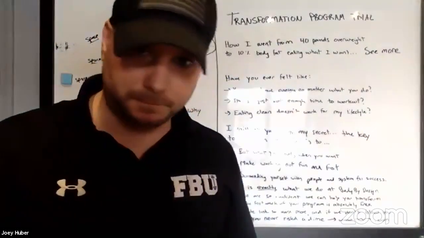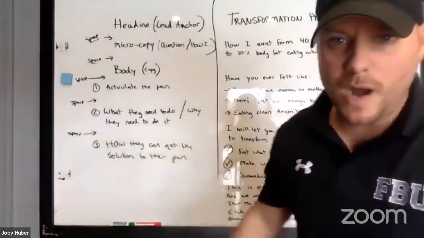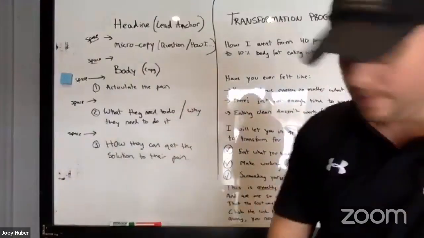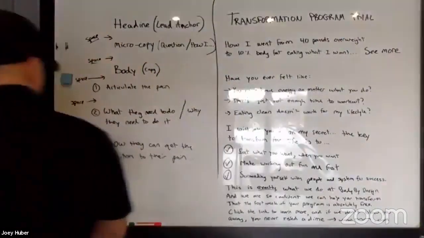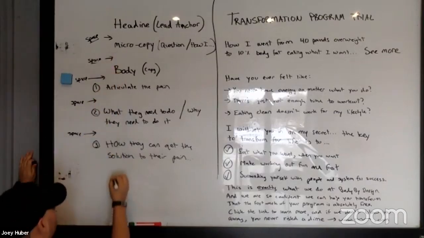Now, that's the first part of this, right? Now you have the copy, and of course you can change out the micro copy and write whatever you want, but follow this structure, okay? And at the bottom, let's put the last step, okay? Copy, copy, copy. And then the last step is your call to action.